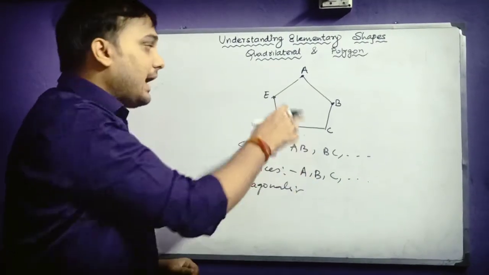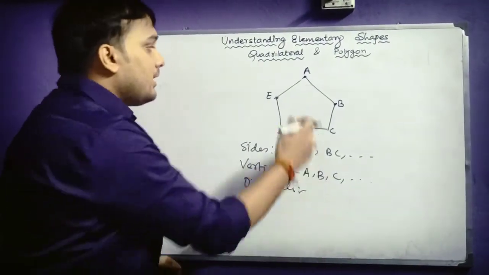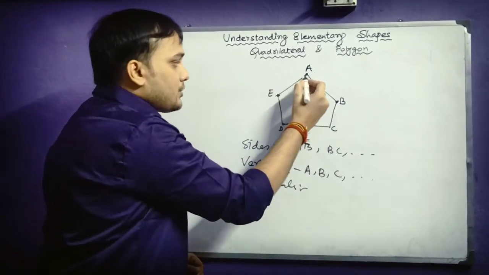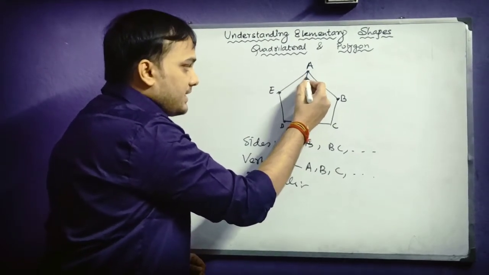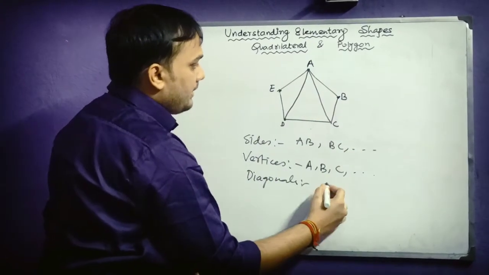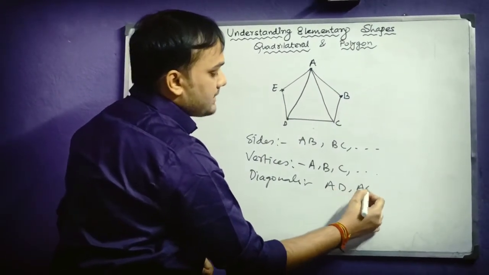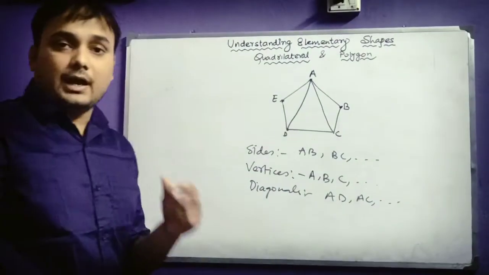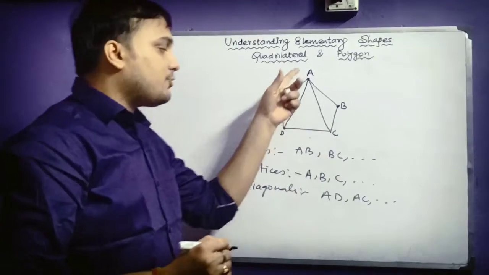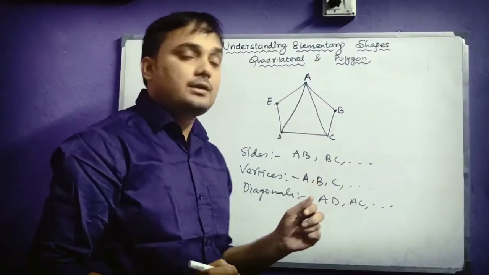Those are adjacent. So the non-adjacent ones will be, you can say, A and C, or A and D. A and E are adjacent. So if you join these non-adjacent vertices like this or like this, you can say AD or AC, these are the diagonals. Okay. So a diagonal is the line segment joining the non-adjacent vertices.